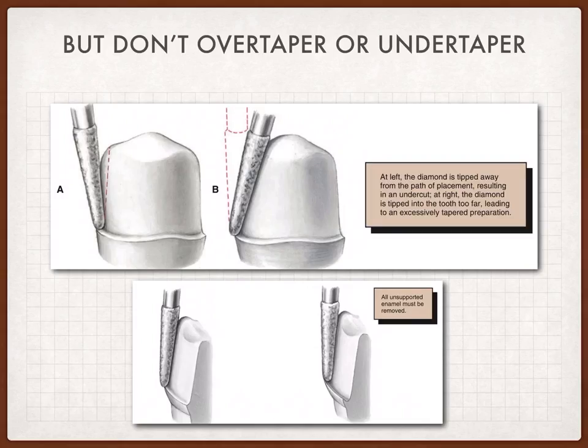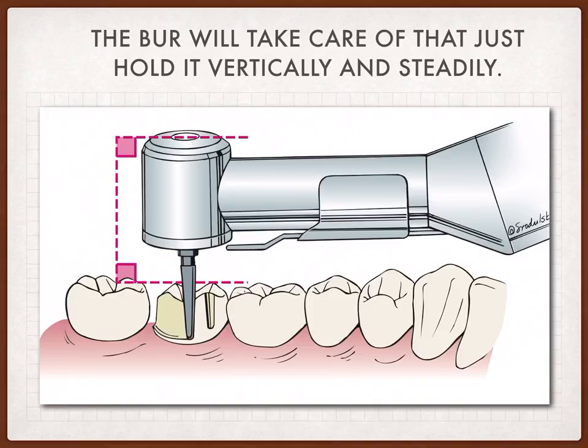When we are making an excessive tapering like in picture B, the restoration will be easily displaced from the tooth and the retention will be impaired. Also, all the unsupported enamel must be removed during this procedure of putting the bur perpendicular or parallel to the tooth structure.